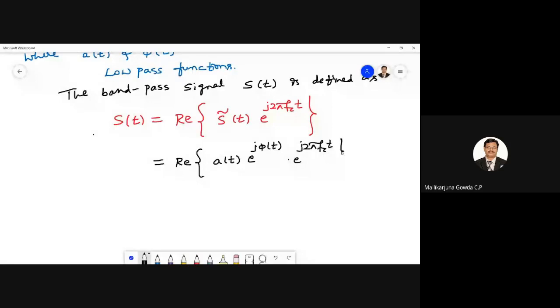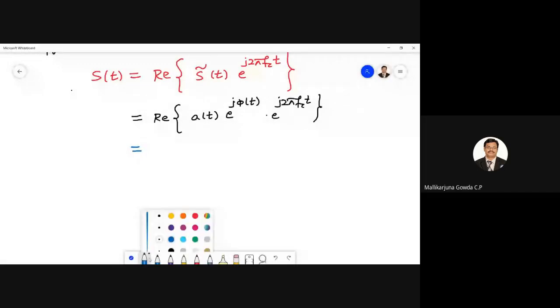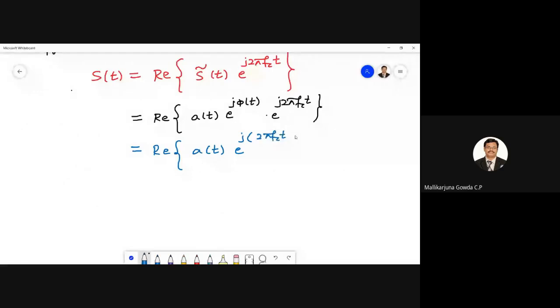Okay, so let me further rewrite this as the real part of A of t into e power, if I take j outside, I can write j times 2 pi fct plus phi of t.